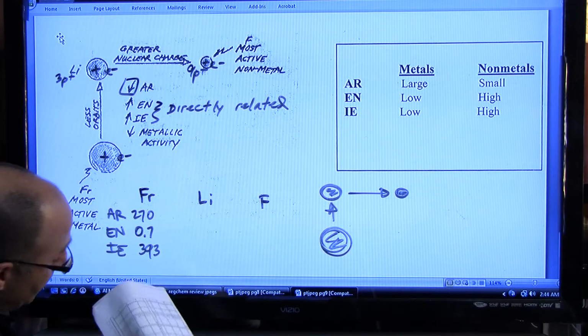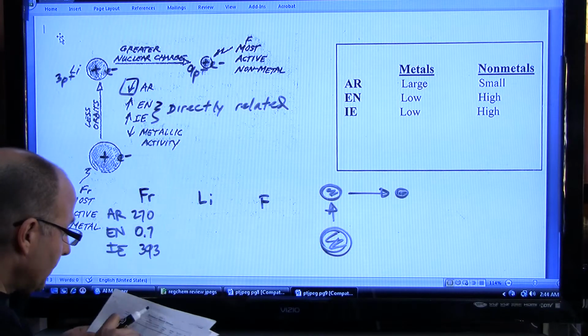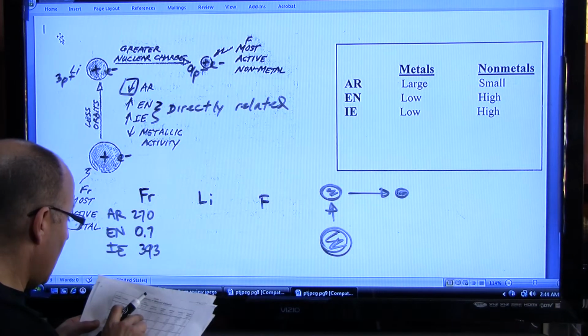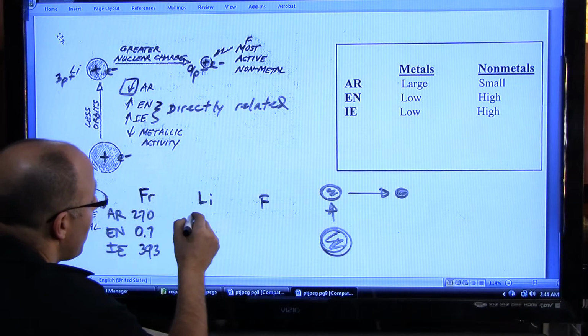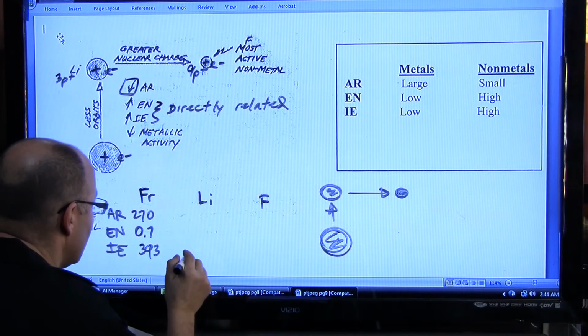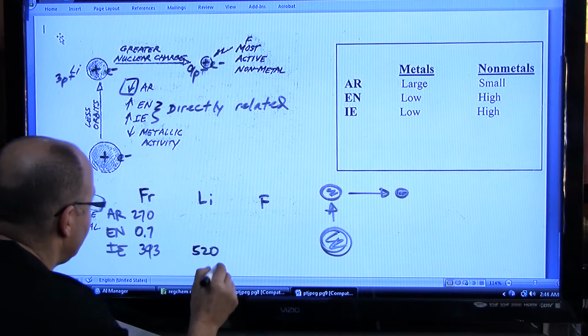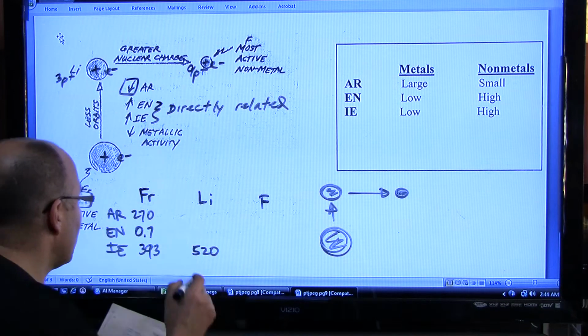Then lithium, all the way up on top, element number 3, has an ionization energy of 520. That's right, ionization energy down here, sorry. It has an electronegativity of 1.0.